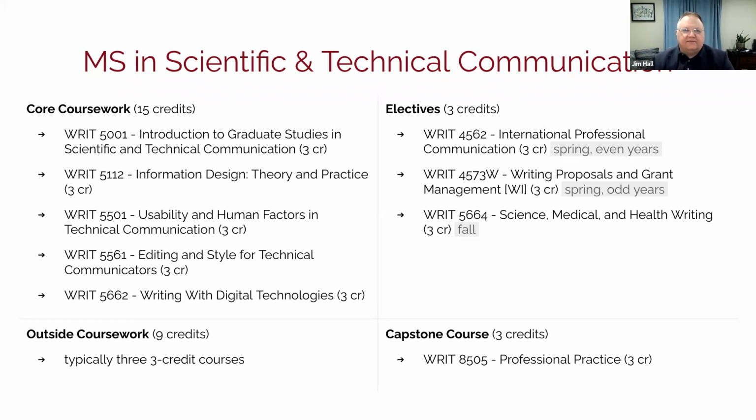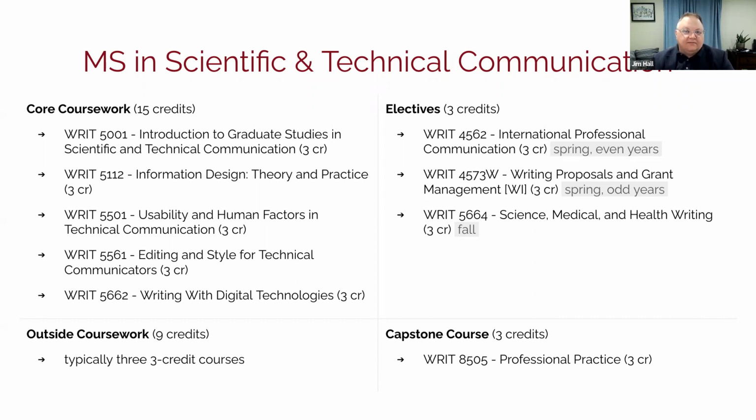RIT 4573W is about writing proposals and grant management. So for students whose primary role is doing some sort of work with proposals or managing grants or writing grants, this is a course that definitely will help them in their career. That is offered in spring on odd years. And then the other option is RIT 5664, and that's science, medical, and health writing.